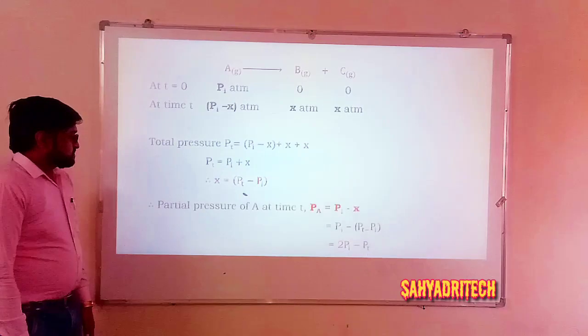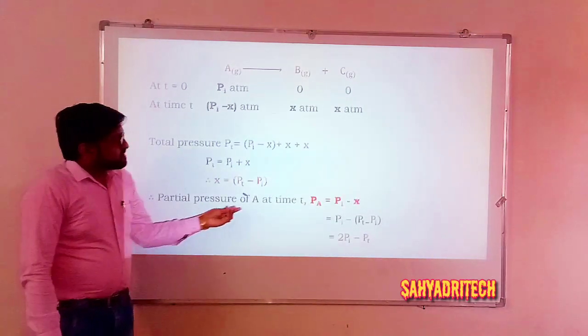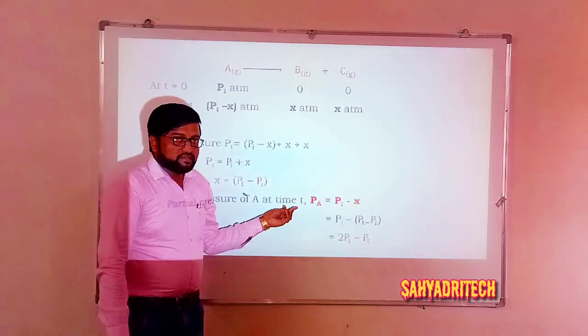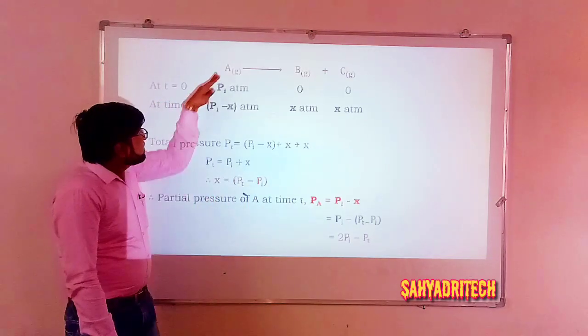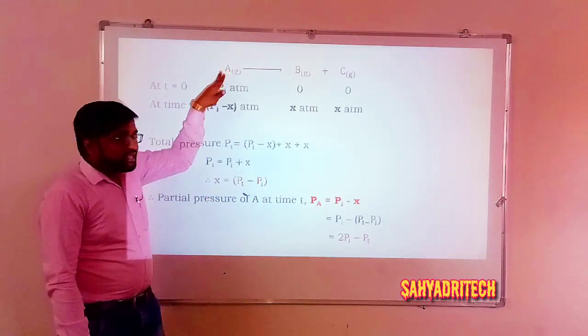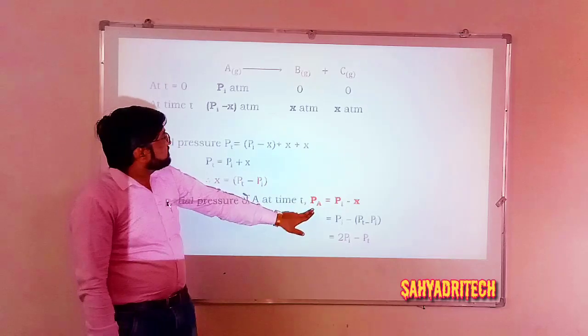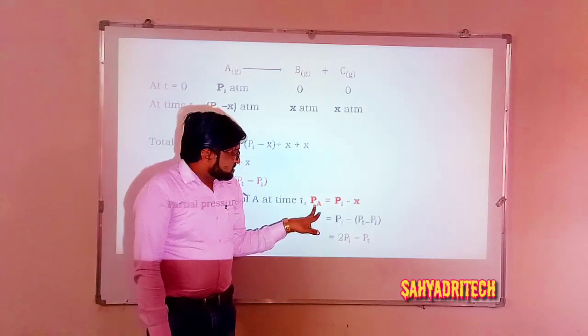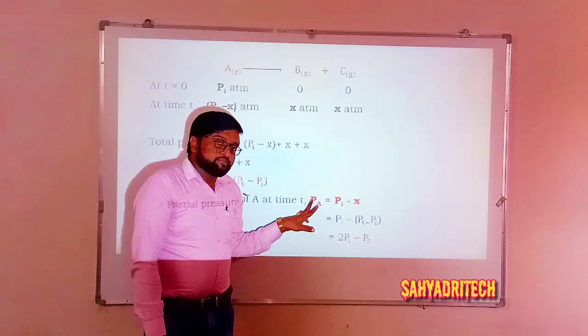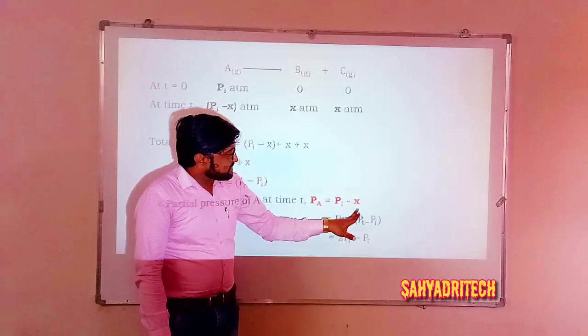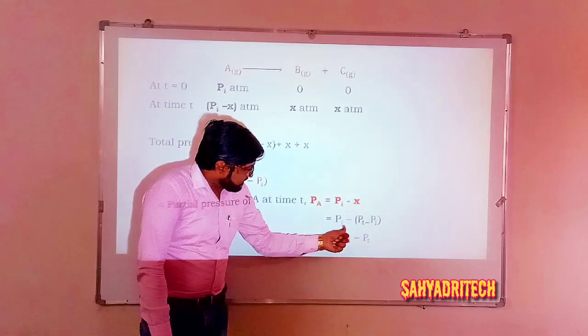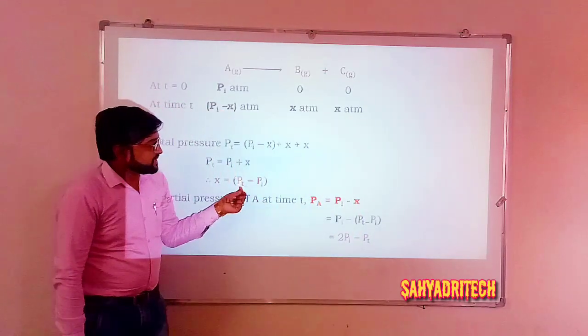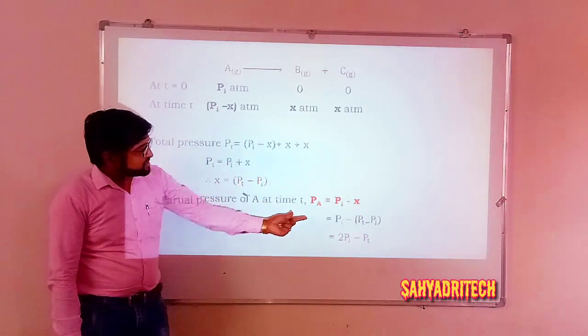Further, the partial pressure of reactant A at time t, Pa, will be equal to Pi minus X. What is X here? Pt minus Pi, so we substitute that.